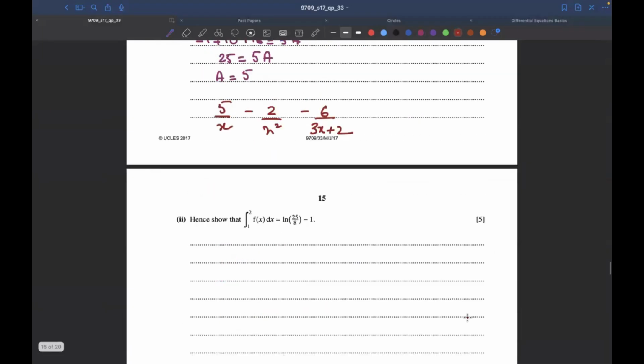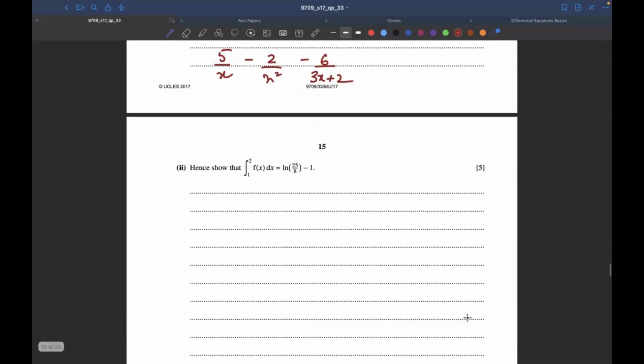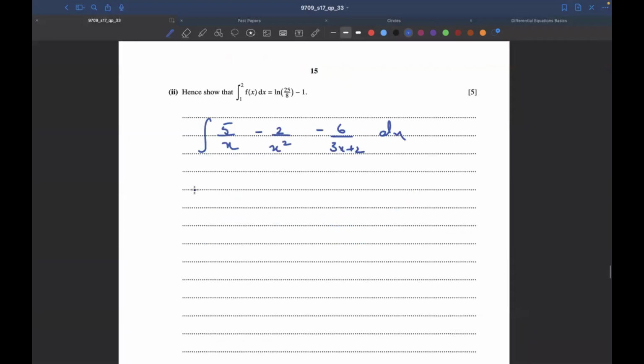Now in the next part, we have to show that the integral of f of x equals ln of 25 upon 8 minus 1, and the limits are given as 2 and 1. We already have the function in partial fraction form, so we just have to integrate 5 upon x minus 2 upon x squared minus 6 upon 3x plus 2. Integrating 5 upon x, we get 5 ln of x.